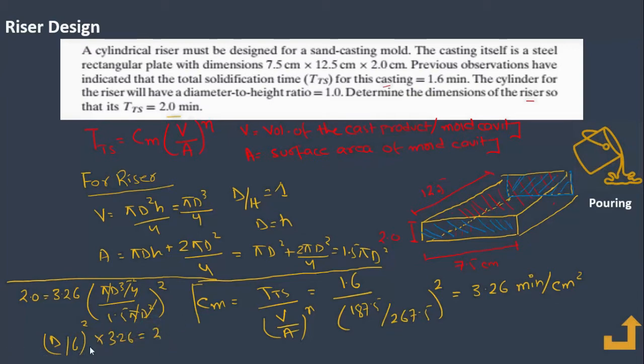So you can simplify this for d, so ultimately we will have the value of 4.7 centimeter. This is the diameter for the riser, and as we have d equal to h, this will be the height of the riser as well, and using this you can simply calculate the volume of the riser as well as the surface area. So we have the dimension now.